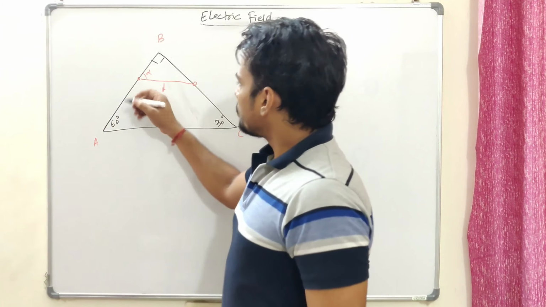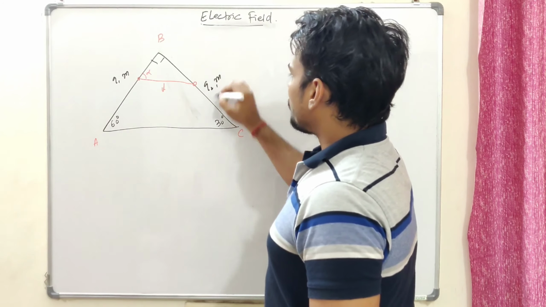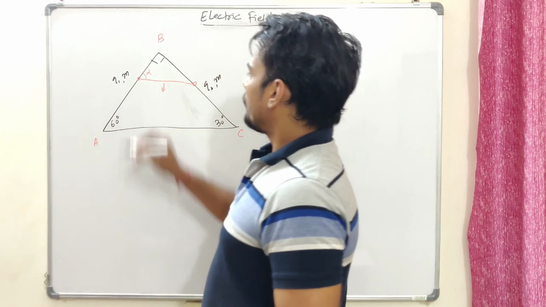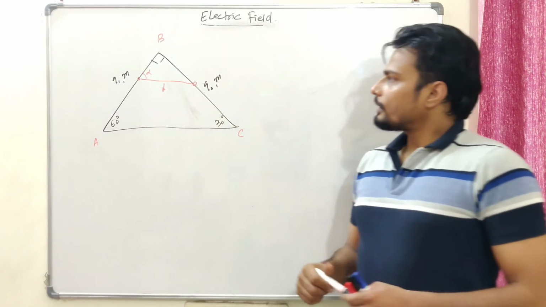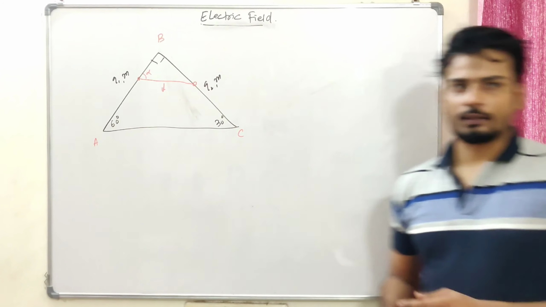The charge on this is Q1 and the mass of this bead is M, and the charge at this point is Q2, and the mass is M itself. Now this entire arrangement is in equilibrium. That means it is not sliding any further, right?